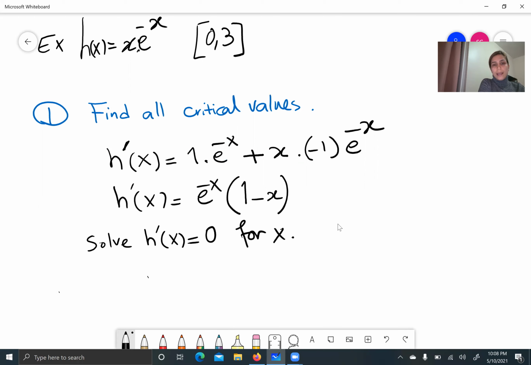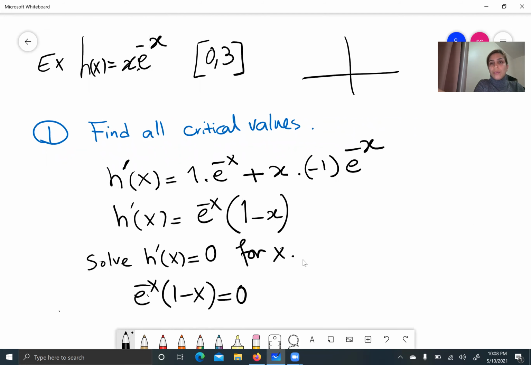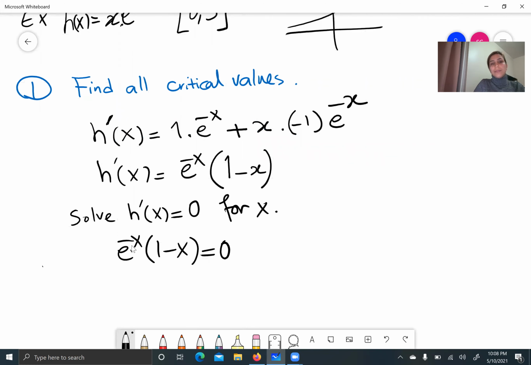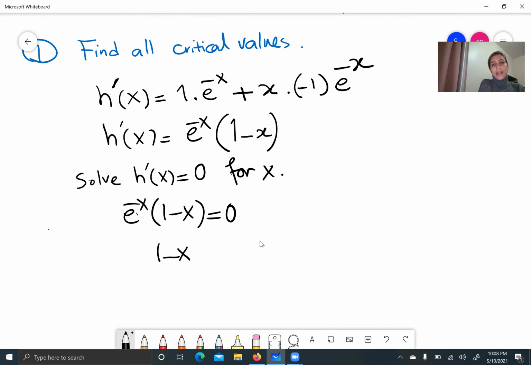So what are the solutions of this? Observe that exponential functions are never 0. Remember, exponential functions are always above the x-axis. They never reach 0. So there is no way that e to the negative x becomes 0. The only possible way for this product to be 0 is if 1 minus x is 0, which gives us x equal 1.